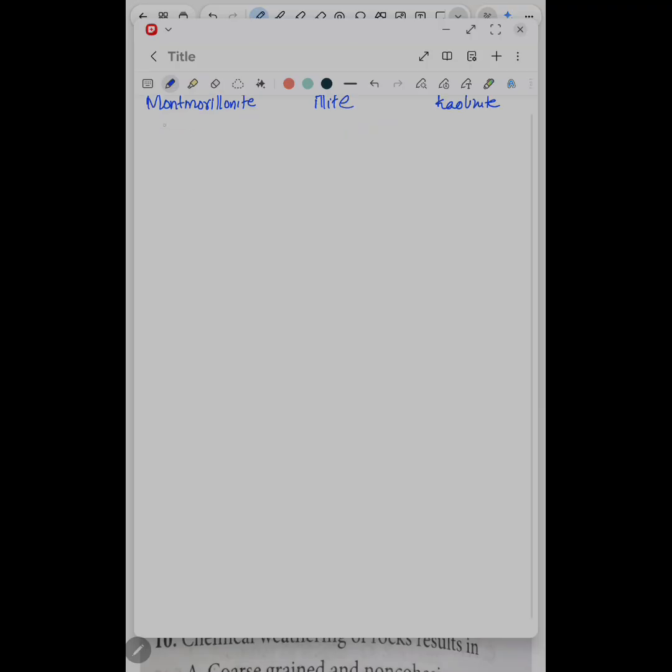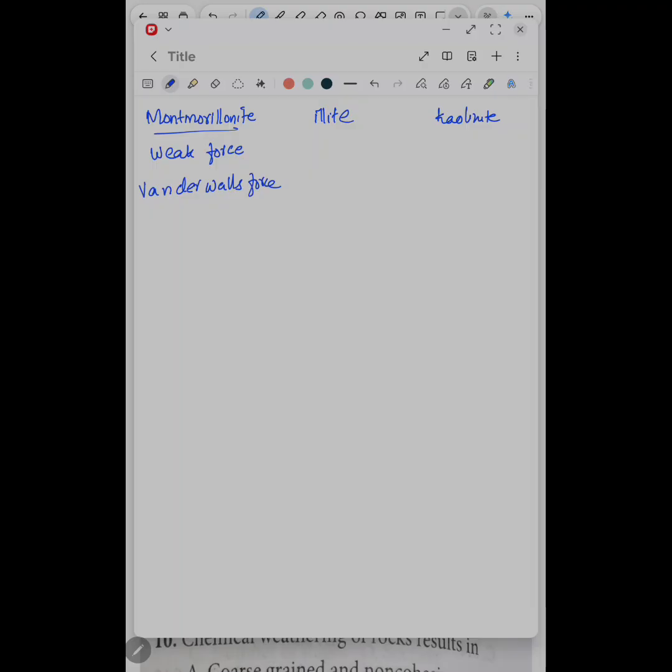In case of montmorillonite, the units are bonded by a weak force between each unit, called van der Waals force. So they have high shrinkage and high swelling due to the weak van der Waals force.